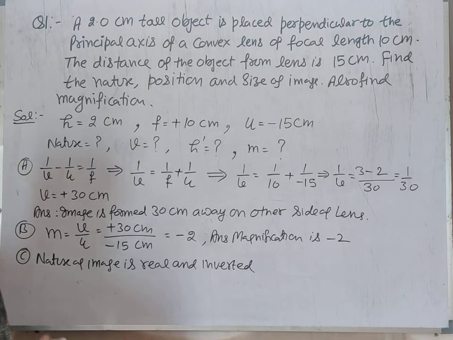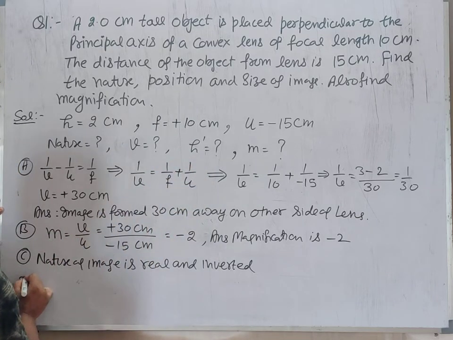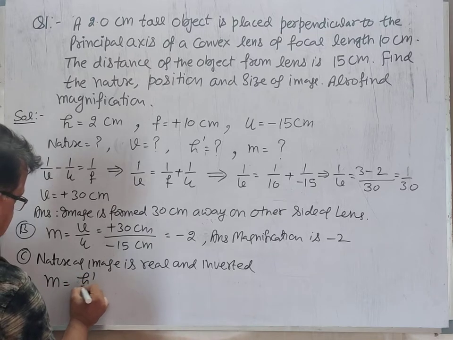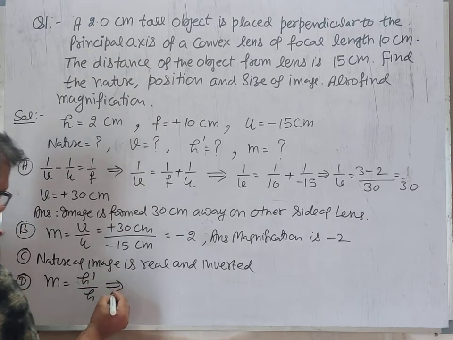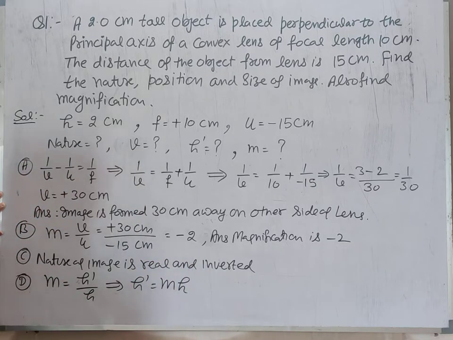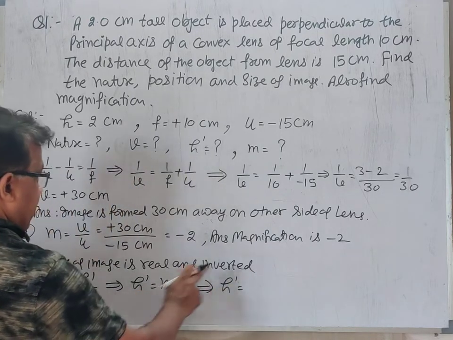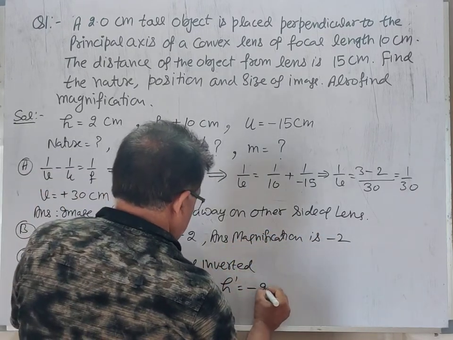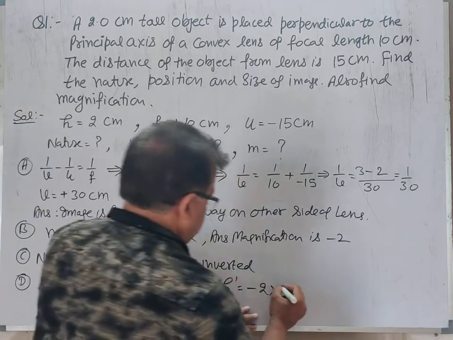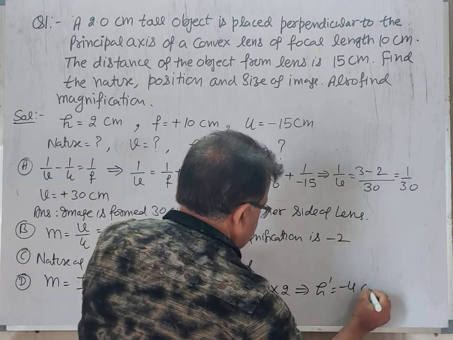And then what is left? We have found the nature, we have found v, h dash is left. We know that m is equal to h dash by h, or h dash is equal to m into h. M is minus 2 and h is 2, so therefore h dash is minus 4 centimeter.